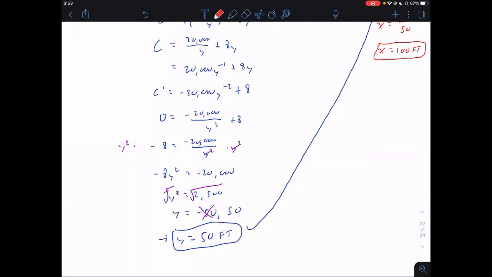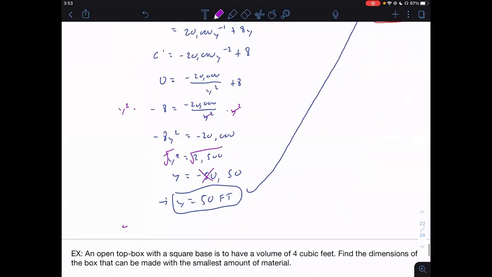All right, so again, our cost function, I kind of ran out of room here, so I'll put it here. Our cost function was 4 times x plus 8 times y. And if we want to minimize this cost, x should be 100 feet and y should be 50 feet.